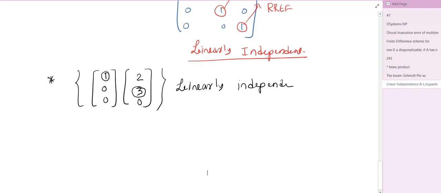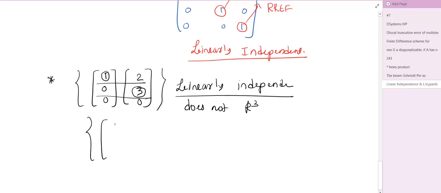But if you see the spanning, if I take a linear combination of these 2 vectors, I don't get that one more vector which I would get out of this combination. So that does not span. If you see row-wise, there are no pivot positions in all rows. Hence they do not span R3, but they are linearly independent.